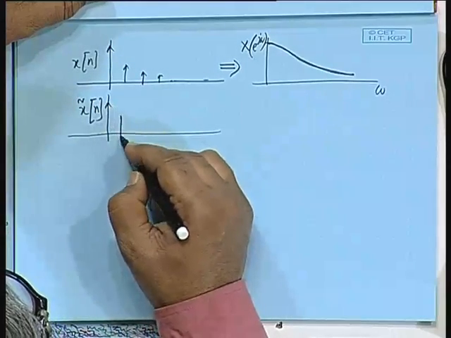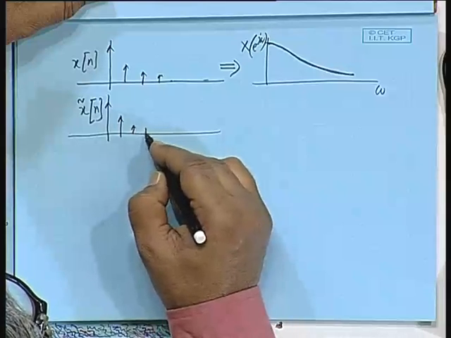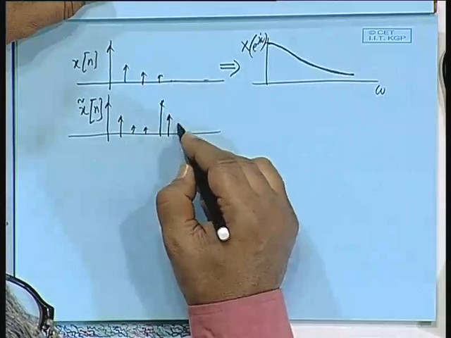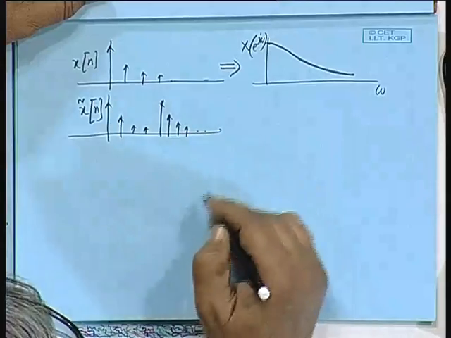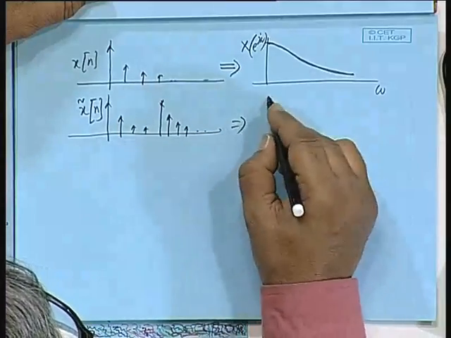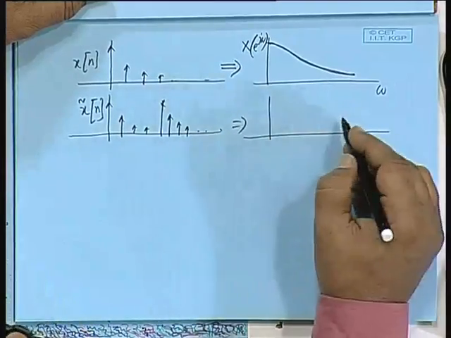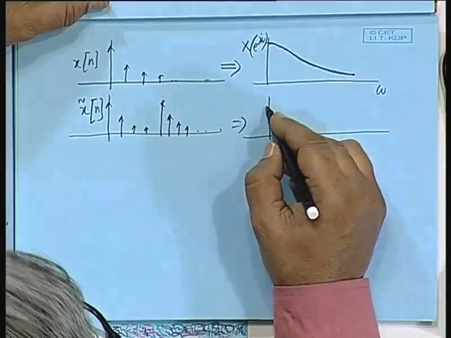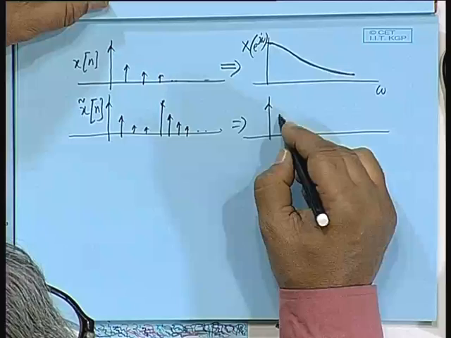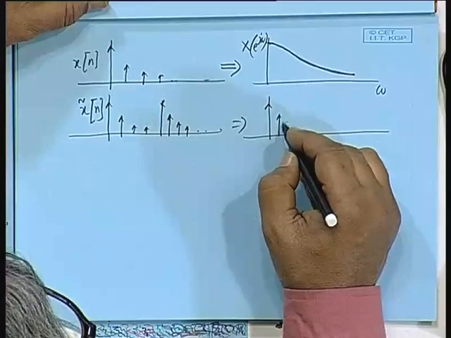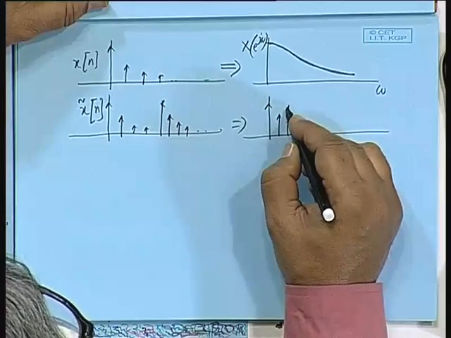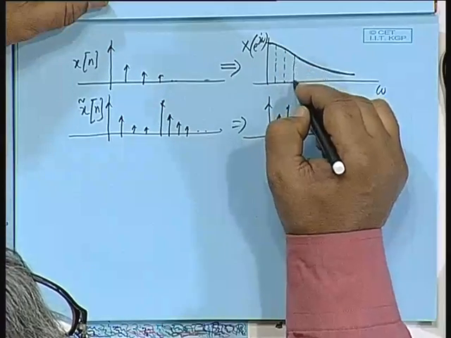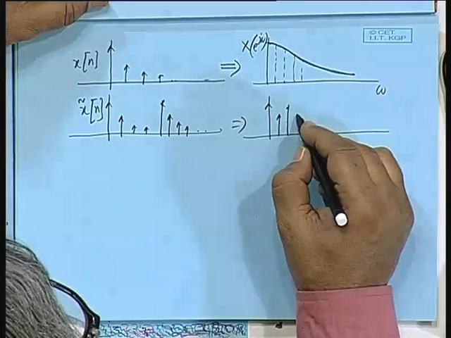So, if it is like this, then we get on this side also a periodic function which is discrete. It may be anything, we do not know. This will be basically discrete versions from here, these values.